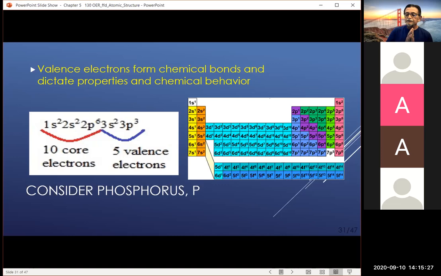Now, what happens to the charge of phosphorus when it gains 3 electrons? It becomes negative, right? Yeah, how much negative? It does become negative, but there's a magnitude here. If it gained 3 electrons, what do you think its new charge would be?